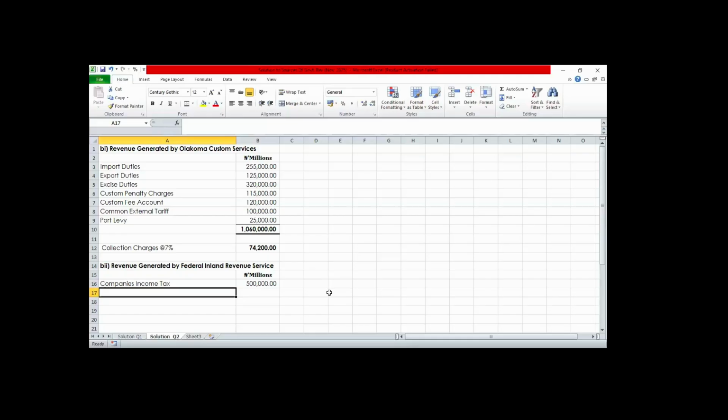Petroleum profit, no. Non-oil revenue. Can you see other non-oil taxes? How much is that? 225,000.